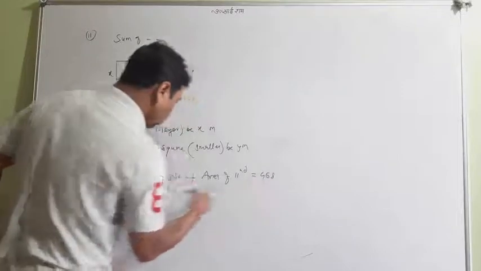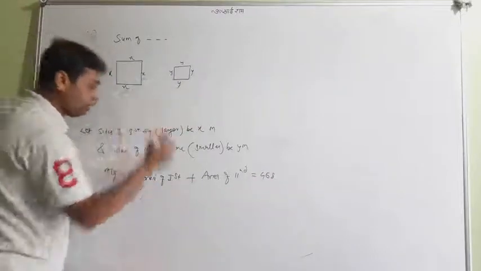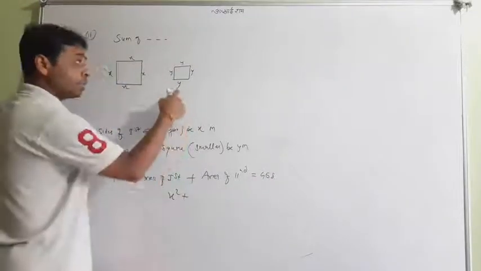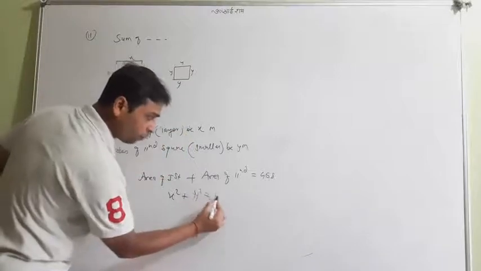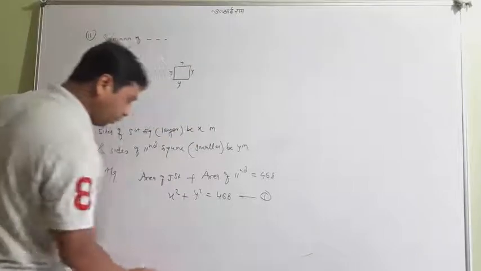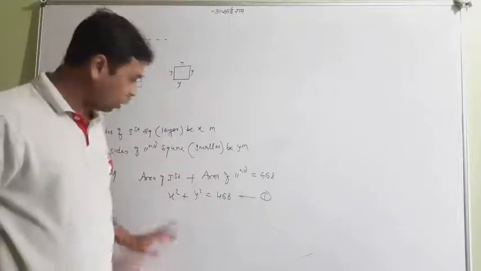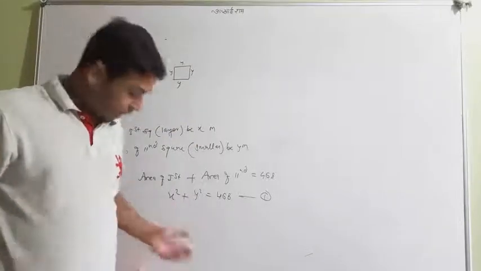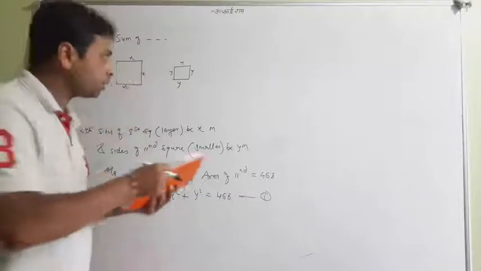So what is the area of first square? Side into side, meaning x square, and side into side, meaning y square, equal to 468. So again I tell you, don't be afraid about the condition. You got the equation in x and y, but later the condition is very important for us.